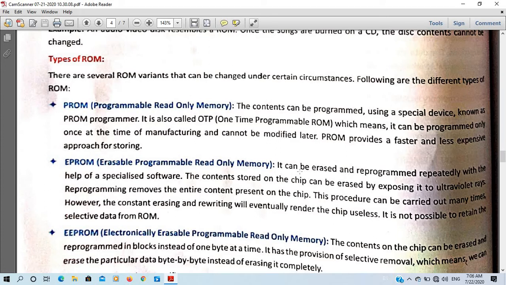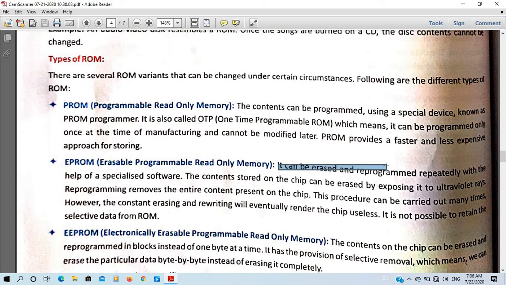And nowadays we have EEPROM also. EPROM can be erased and programmed repeatedly with the help of specialized software. This is also very difficult to erase and program.